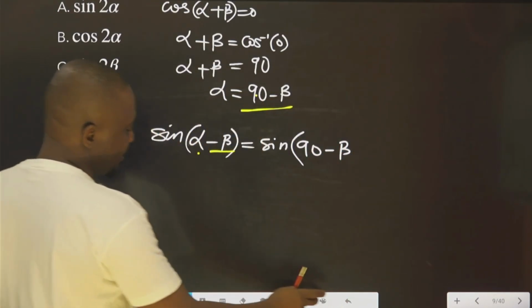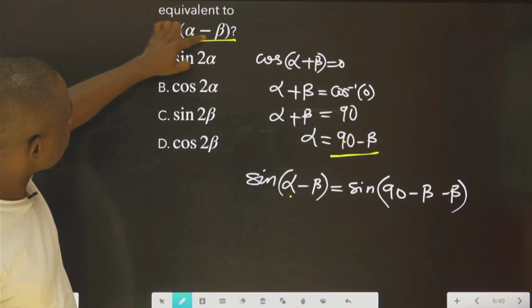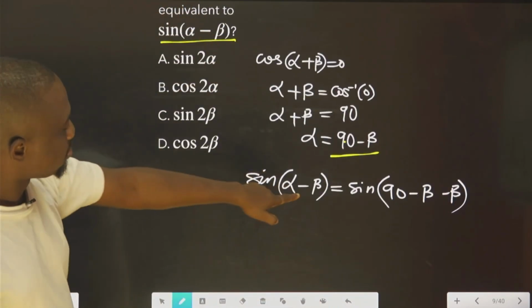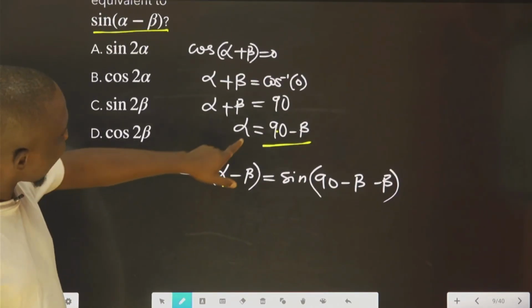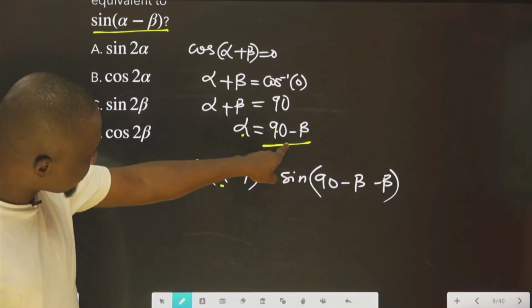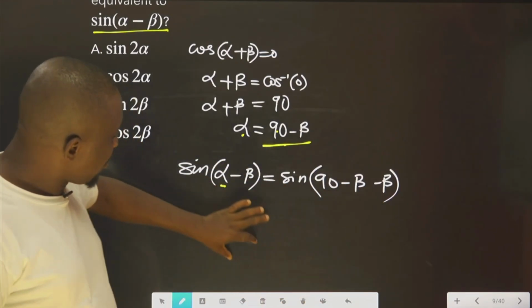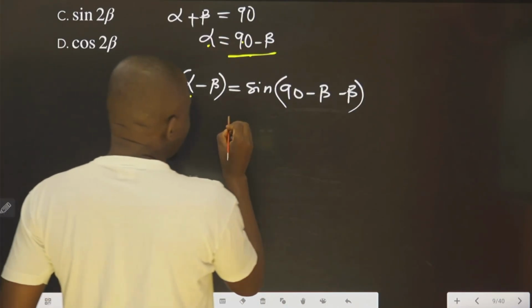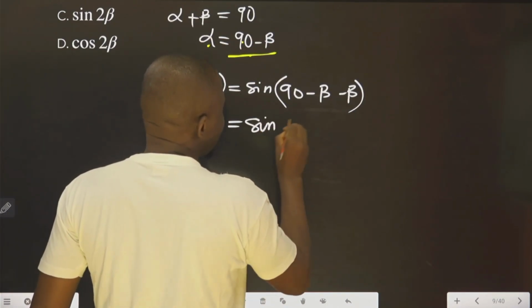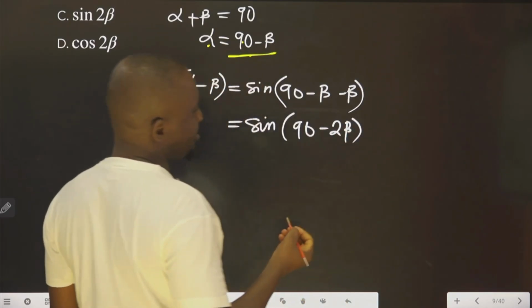Remember, this will still remain. Do you understand it? I took the question we are asked, then what I had for alpha, I substituted in place of alpha. This is not taking this position, so this will still remain. Once I am through with that, I can solve this as sine 90 minus 2 beta.